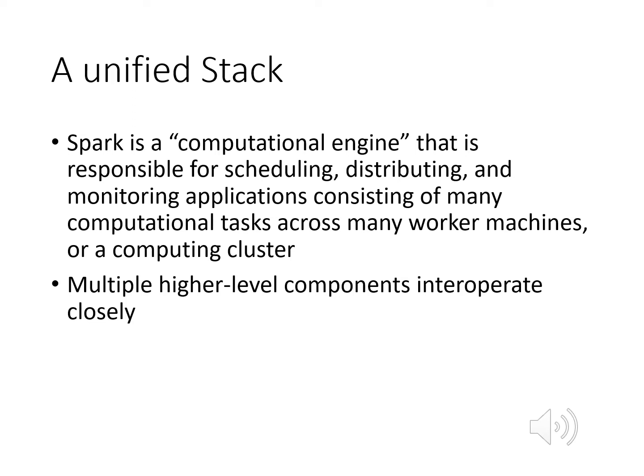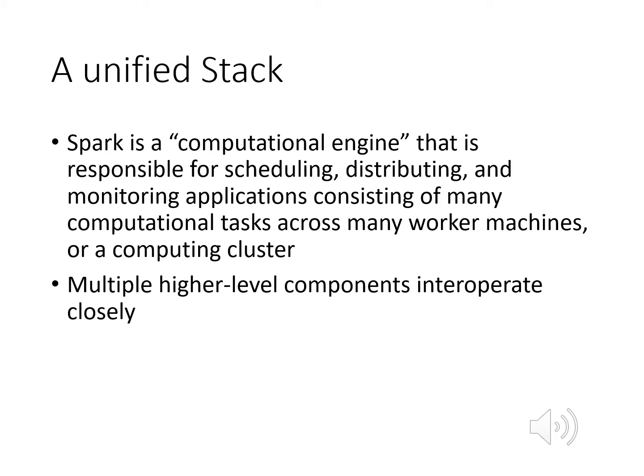Because the core engine of Spark is both fast and general purpose, it powers multiple high-level components specialized for various workloads, such as SQL or machine learning. These components are designed to interoperate closely. There are several benefits to having the tight integration.